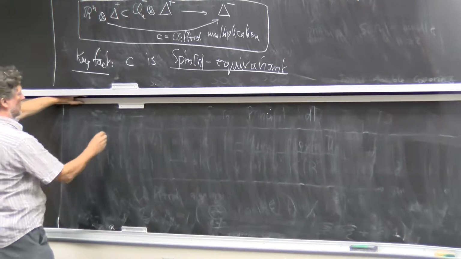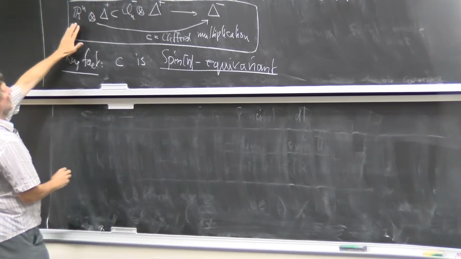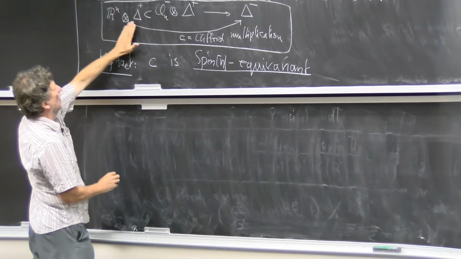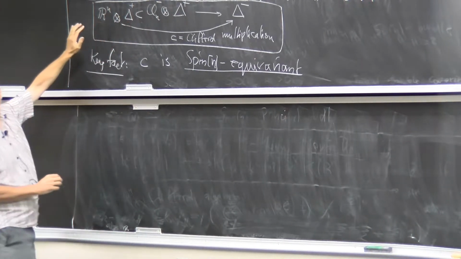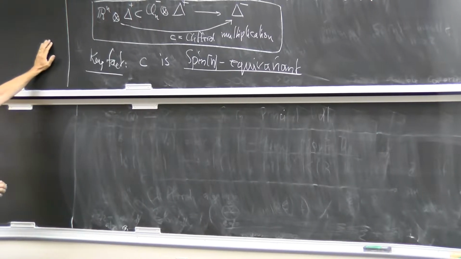Each of these vector spaces, Rn and delta plus and delta minus, are representations of my group G equal to spin n.